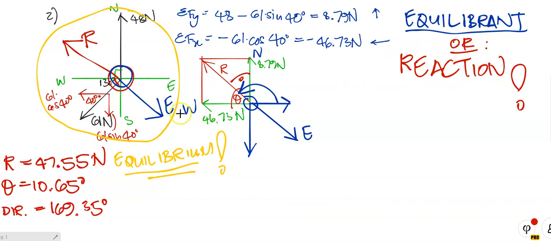Okay, so this here is actually the reaction of that force and that force acting on that point there. Okay, that means the reaction has the same effect as all the forces acting together, but in the opposite direction there of that resultant.